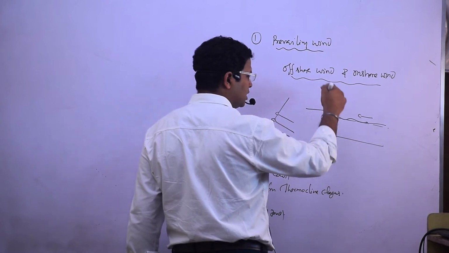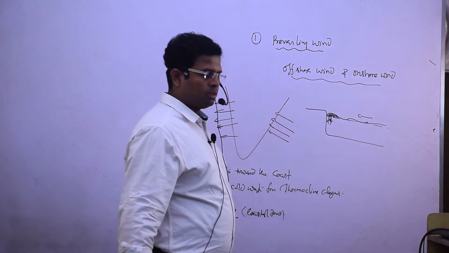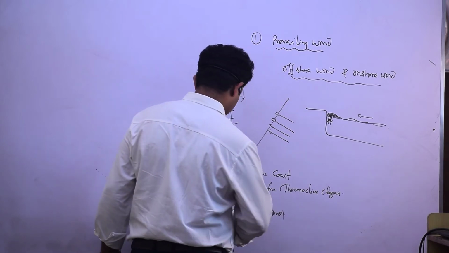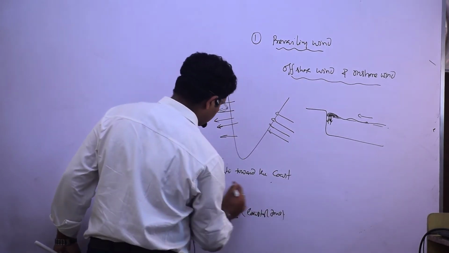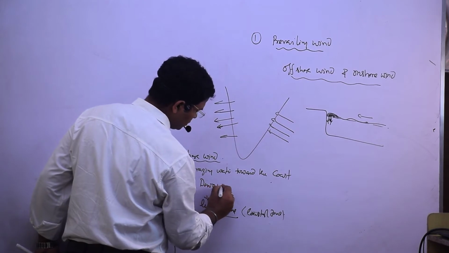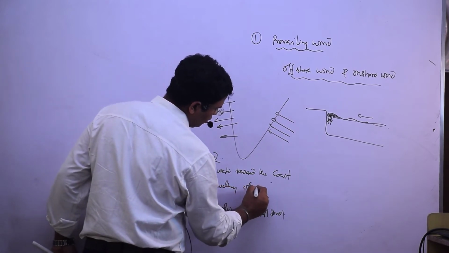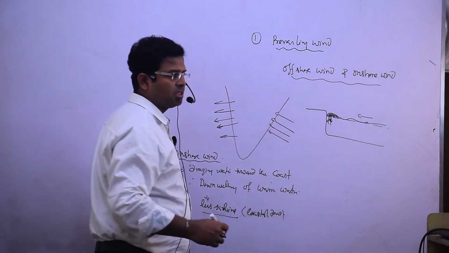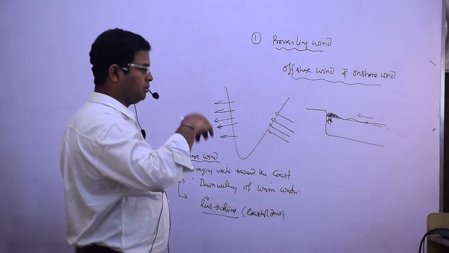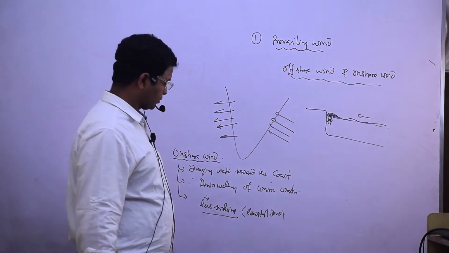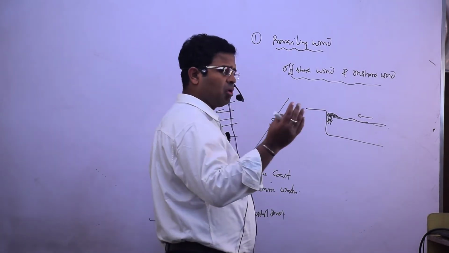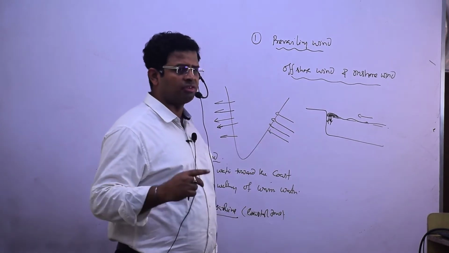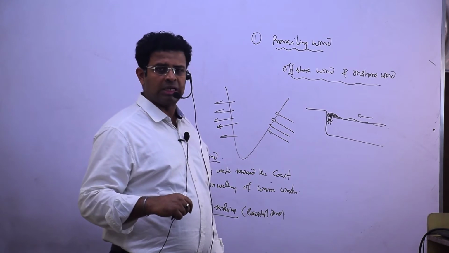As this water keeps rising, so what will happen here? Downwelling of warm water. What will go down from the top? Downwelling of warm water. And what keeps happening here? Warm water keeps on coming, evaporating, keeps on coming. Slowly and slowly this region's salinity will increase.